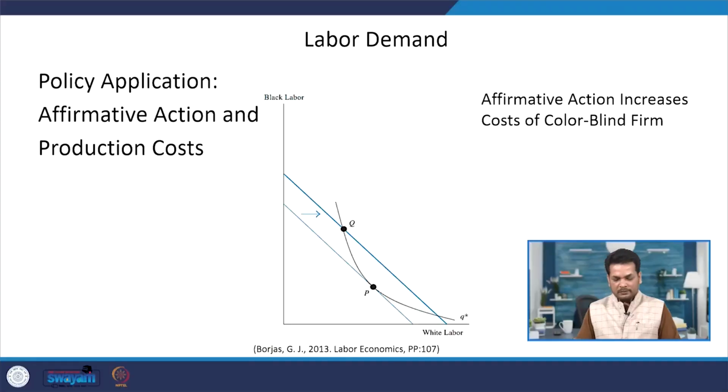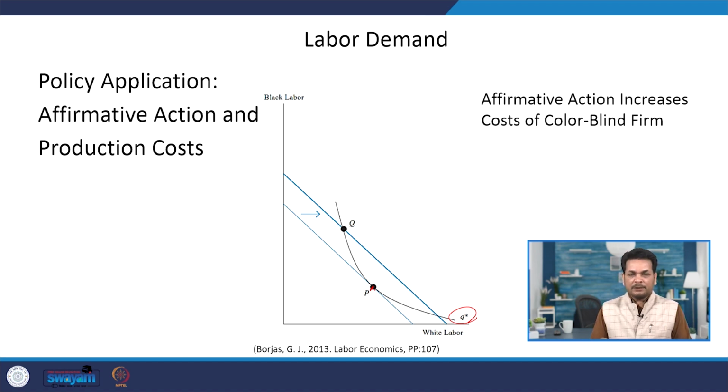Suppose in particular the farm and the labor market do not discriminate, as I said, and suppose further the shape of the farm's isoquant is such that the farm hires relatively fewer black workers, and the black and white workers are equally costly. So, in this case, the farm is a non-discriminatory farm and operates at point P by chance to produce this Q star level of output.